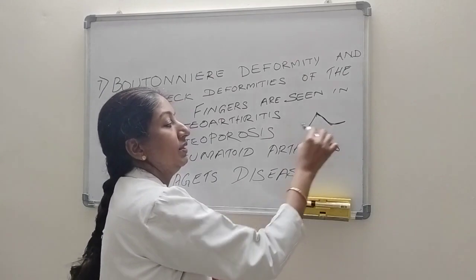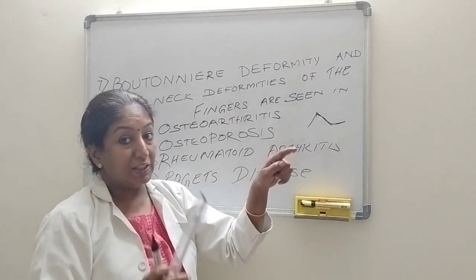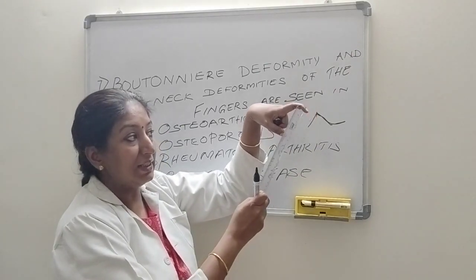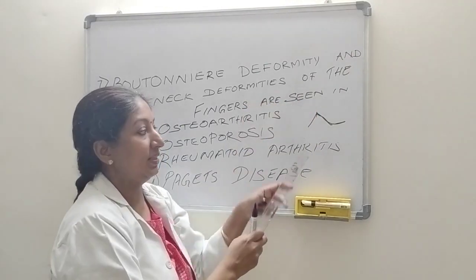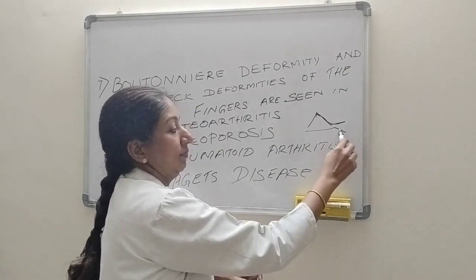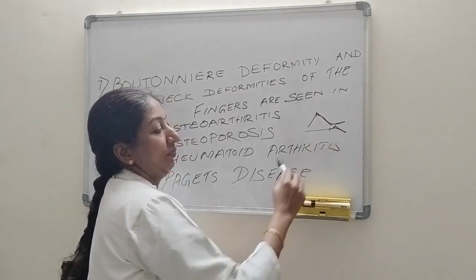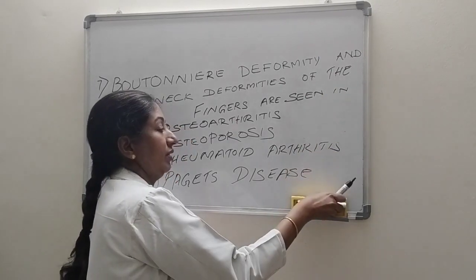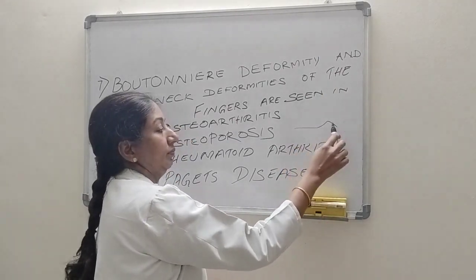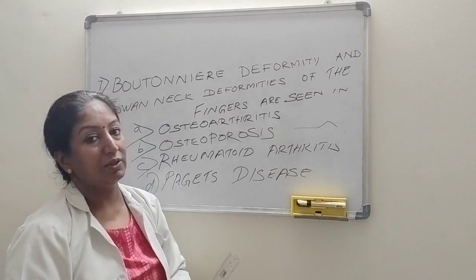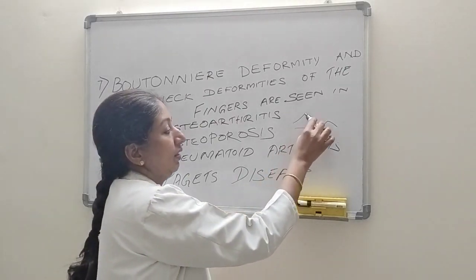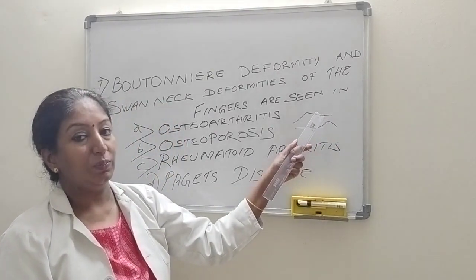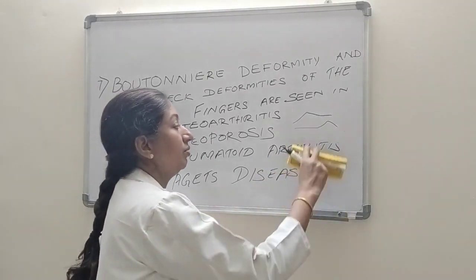In Swan, the proximal end is hyperextended and the distal end is flexed. Okay, so this is the difference. This is the Swan. This is the Buchner deformity. So understood the difference?